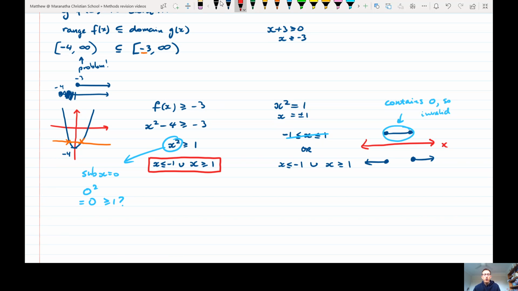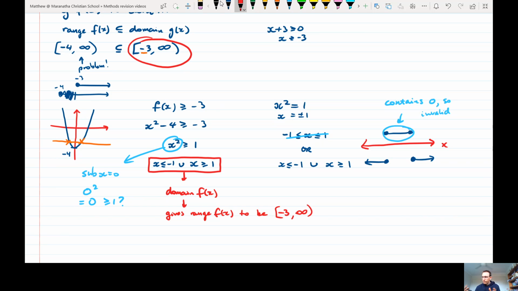If I have that domain for f, this is f's domain, this is the domain for f that allowed me to have a range of -3 to infinity, which then fit as the domain of g up the top.